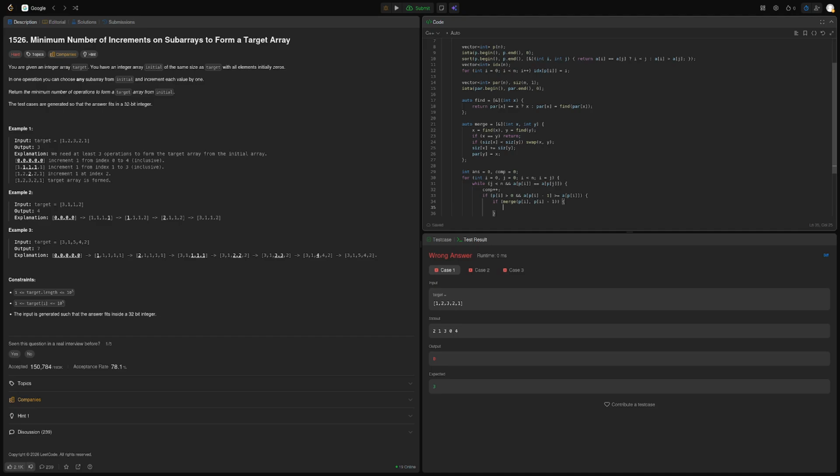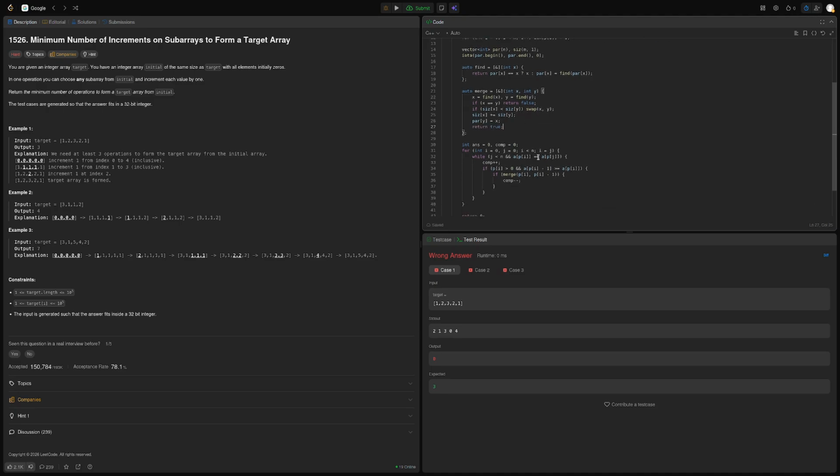So if they were merged, components decreases, otherwise false, return true. And then I need to update the answer.